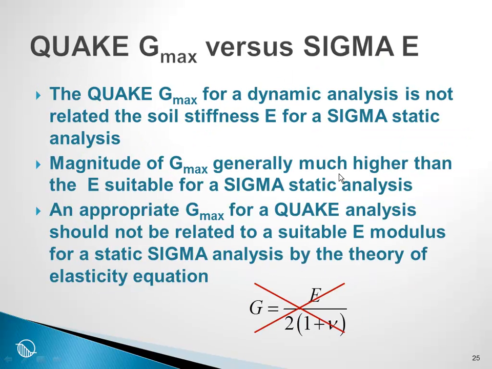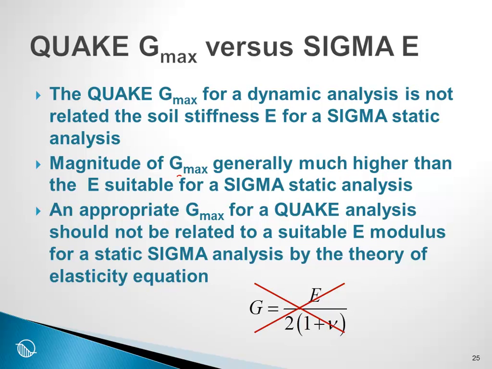Those of you who are familiar with the theory of elasticity know that there is a relationship between the shear modulus and the Young's modulus. But when we do a QUAKE/W dynamic analysis versus a SIGMA/W static analysis, it's important to recognize that the Gmax modulus for a dynamic analysis is not the same as the soil stiffness E for a SIGMA/W static analysis.